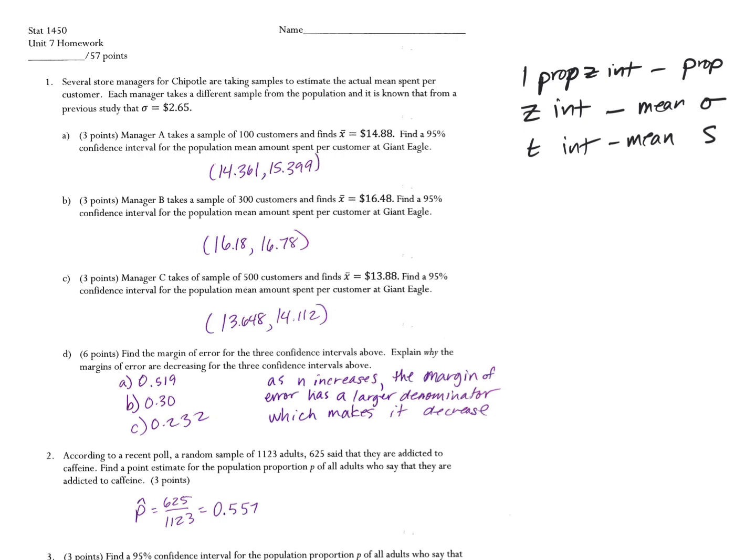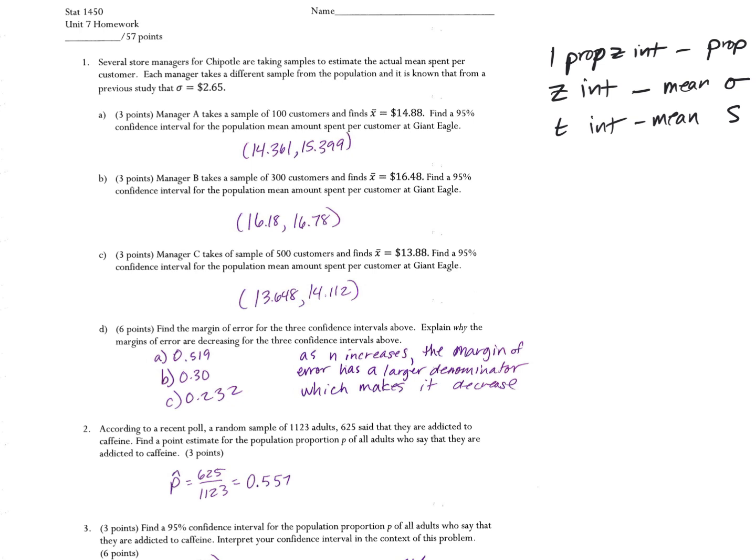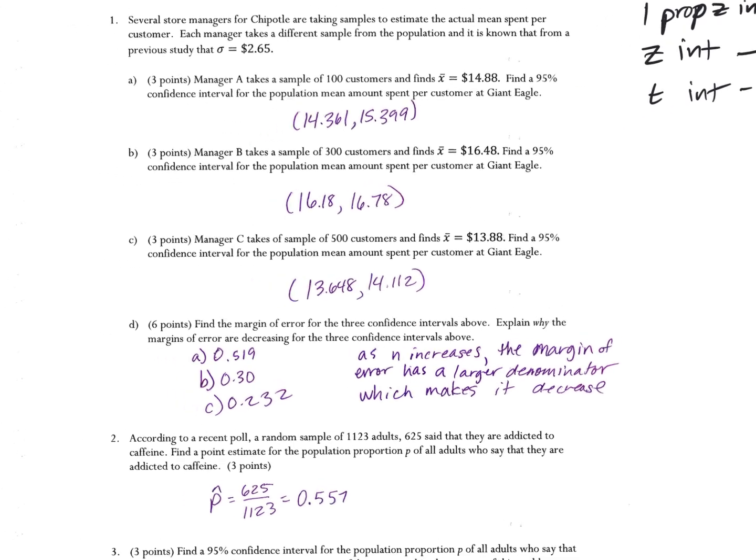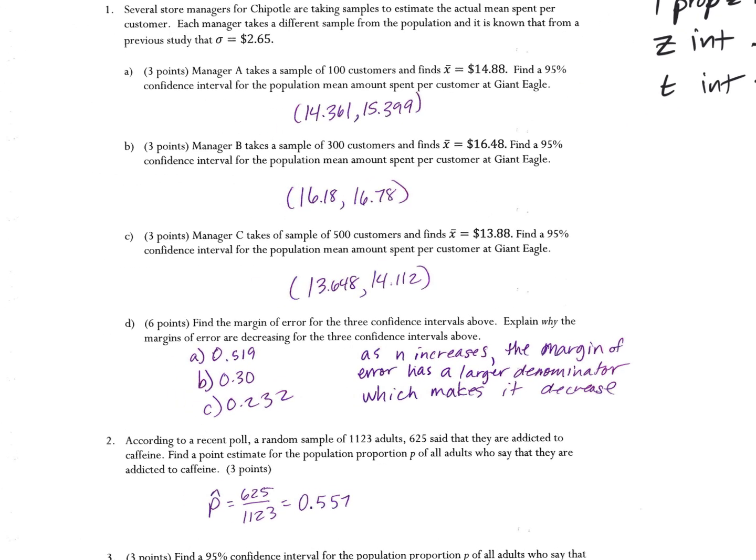All right, now, for each of these I asked you to find the margin of error. I don't think many of you made this mistake, but I'm going to talk about this mistake because it's the one that happens the most often. When you do the margin of error, like if I'm doing the margin of error for this first one, I'm going to do the upper boundary minus the sample value.